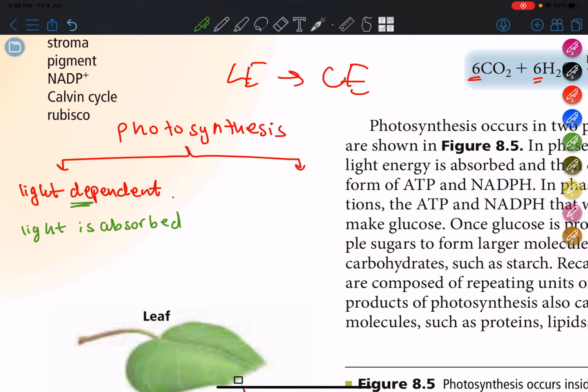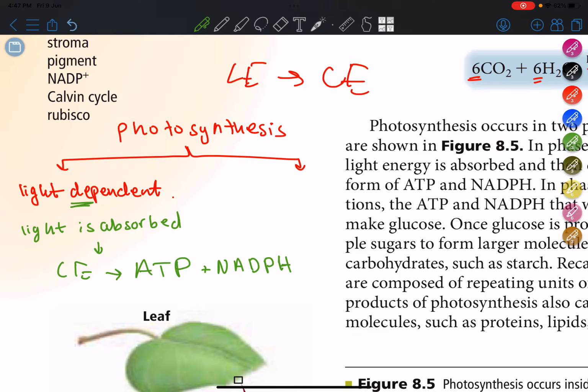And then it is converted into chemical energy in the form of ATP, and we discussed ATP last lesson. So it's in the form of ATP and NADPH, and we are going to know what NADPH is in a moment when we go into detail in this process.